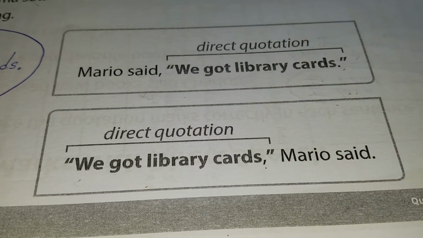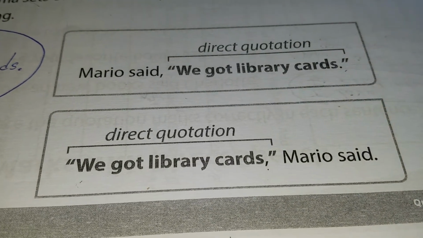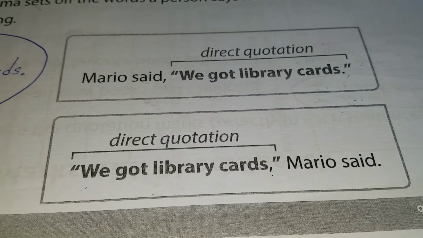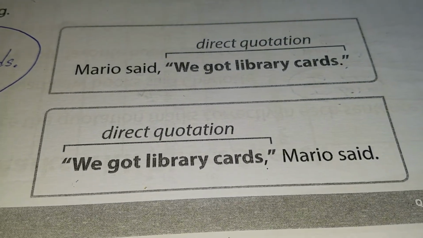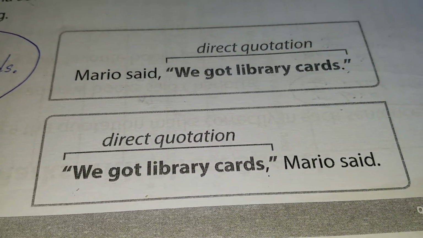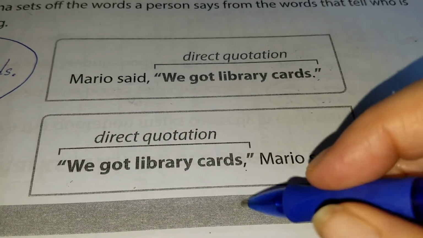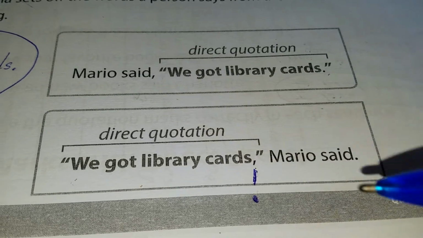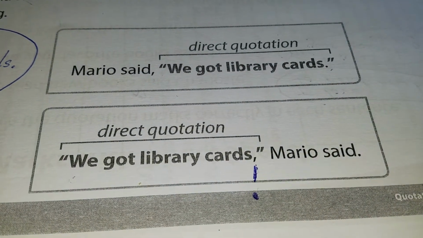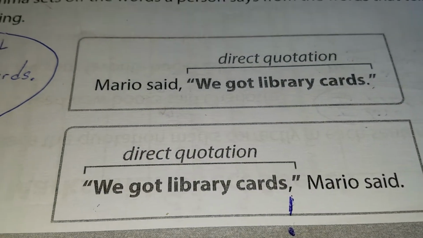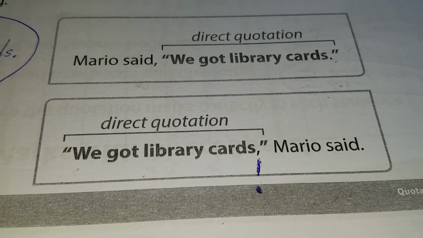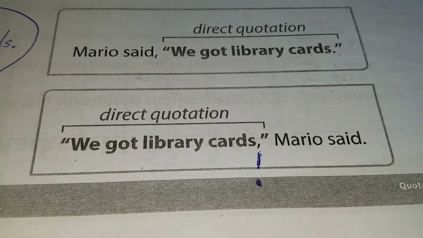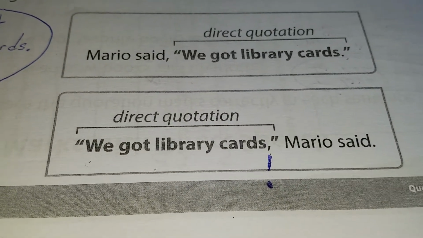Now, why they do this, I don't know, because if we were changing that punctuation, like Mario was all excited, we're going to have an exclamation point there: "We got library cards!" The exclamation would go right there. You would not use another comma. If Mario was confused, he wasn't paying attention that day, and he was asking a question, "We got library cards?"